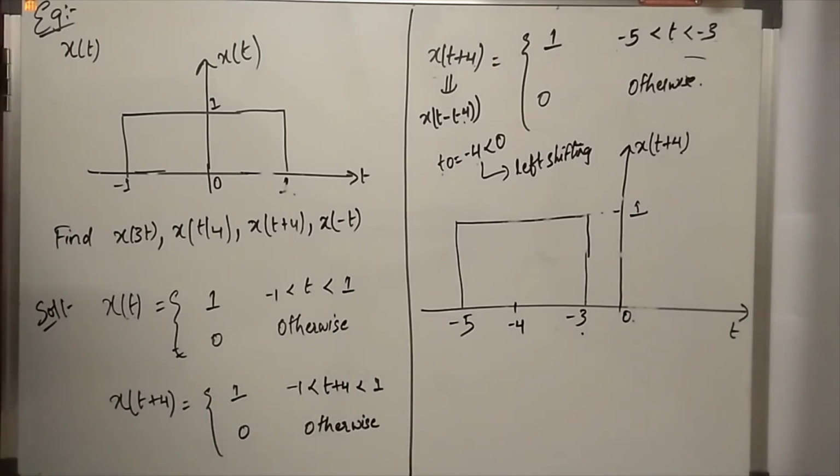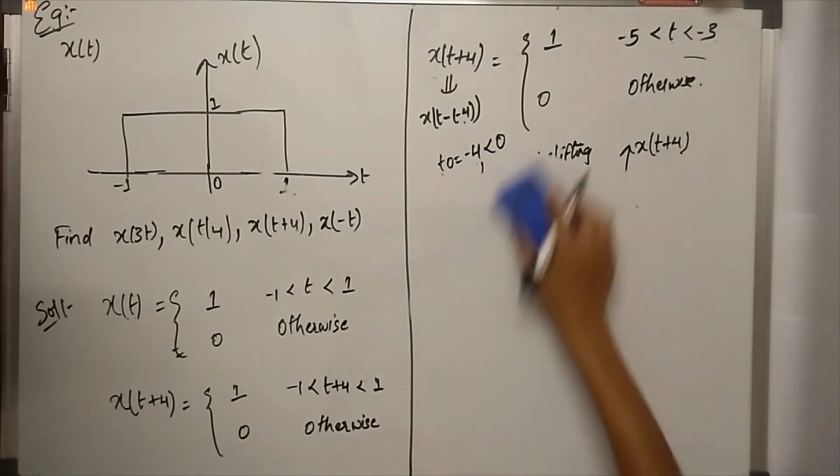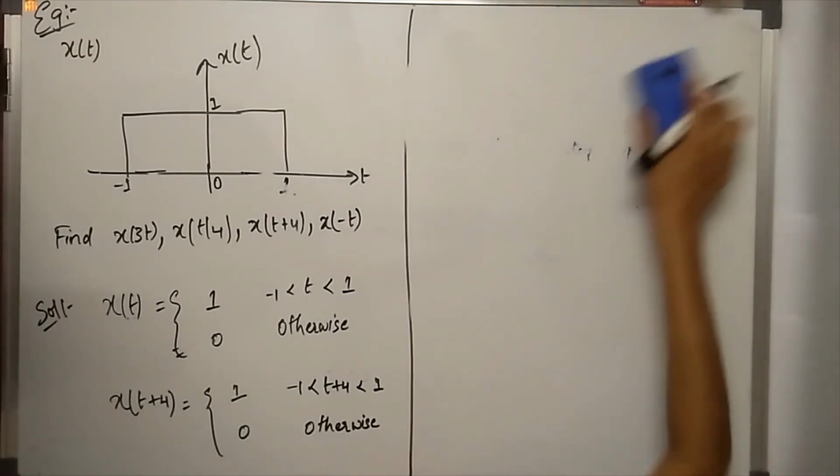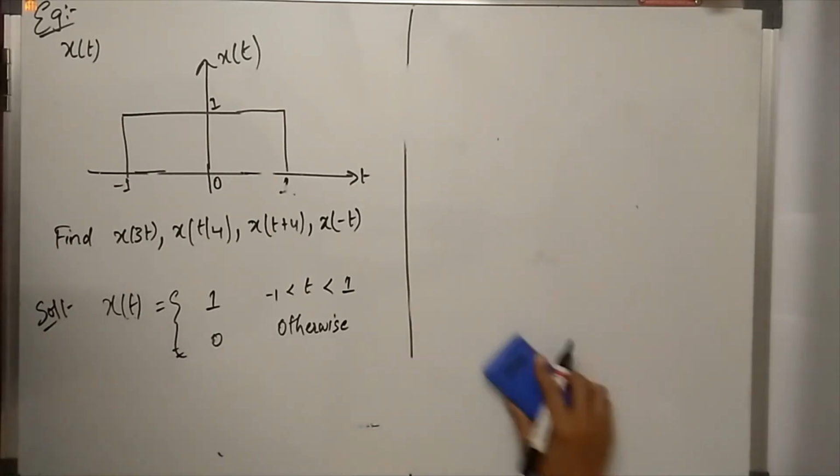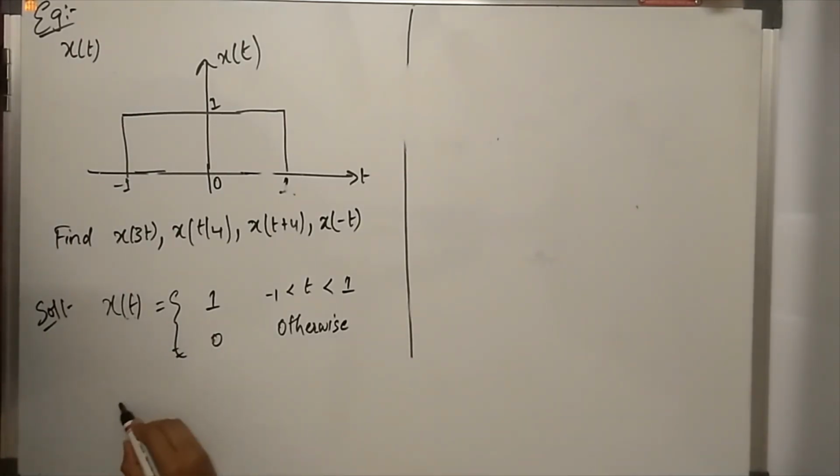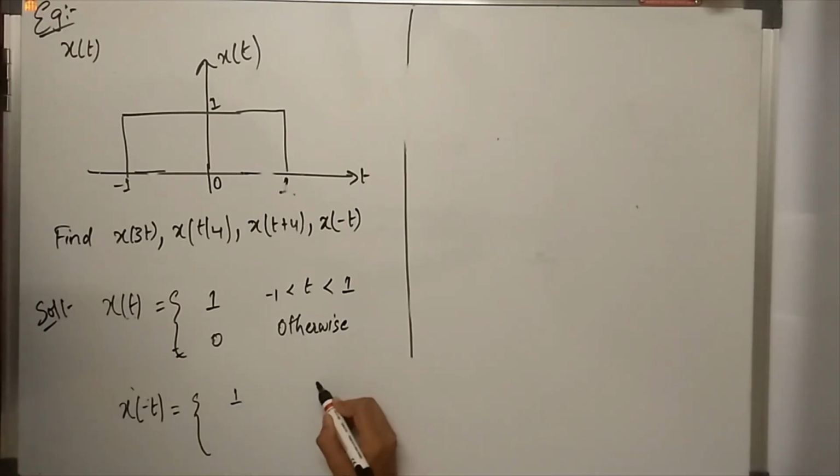Now we will see x of minus t. Wherever you find t, just replace it by minus t. Minus t between minus 1 and 1 gives 1, and 0 otherwise.